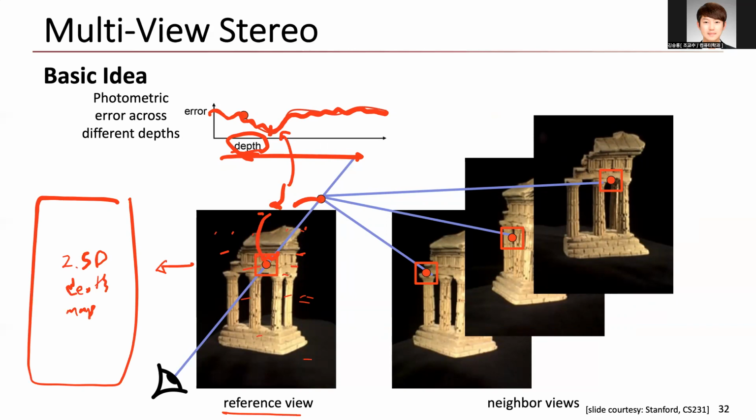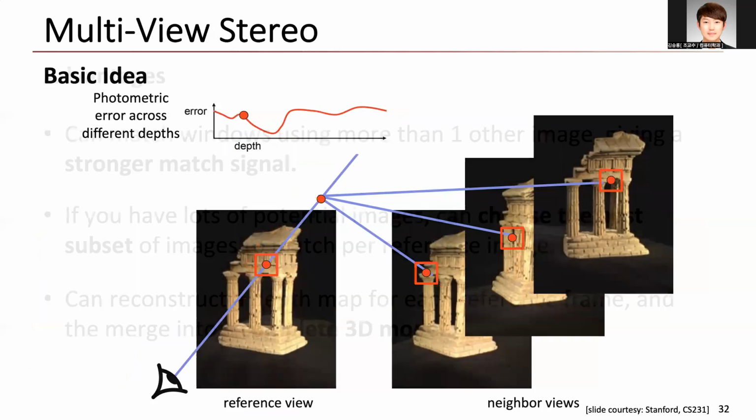The question is how to measure this error, or how to measure this similarity between reference patches and the nearby other patches. This is multi-view stereo matching.